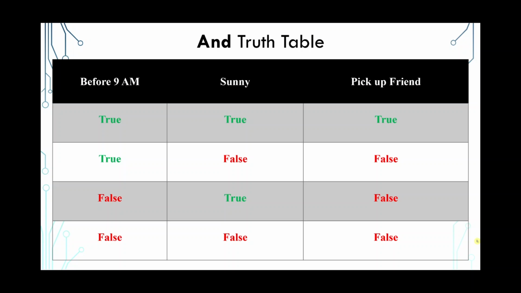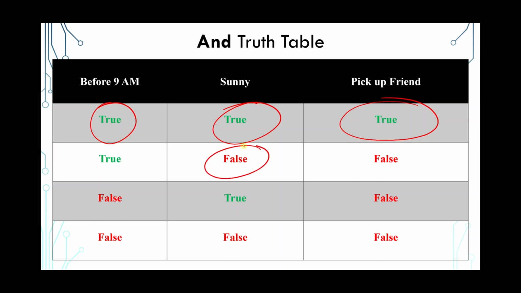So, here is the AND truth table. Only if both are true can you pick up your friend to get a coffee, which is represented by true. So you need all of the conditions to be true to get to true.